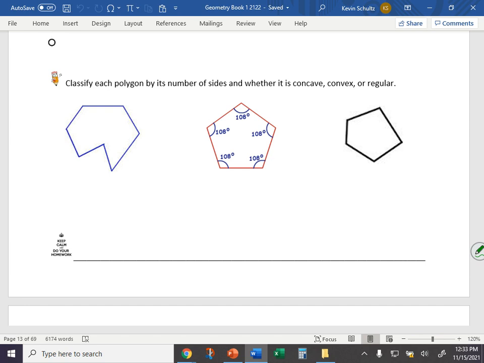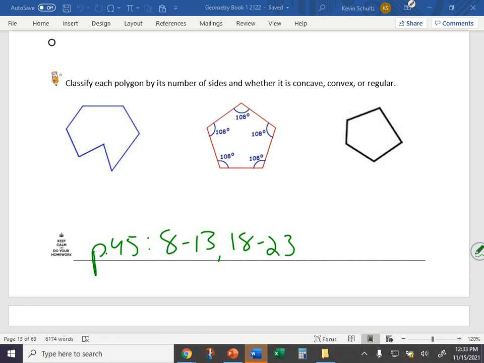Let's go page 45. 8 through 13. Oh, there's more. 13 through 14. 18 through 23. Oh, there's more.